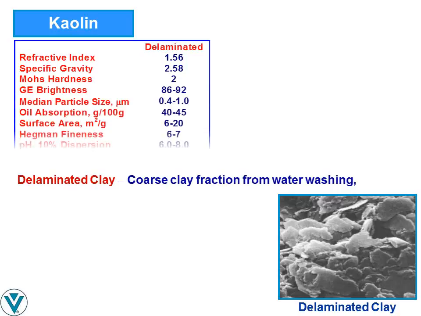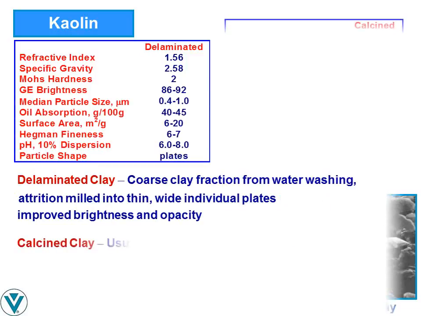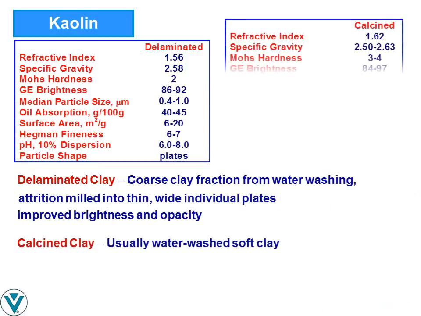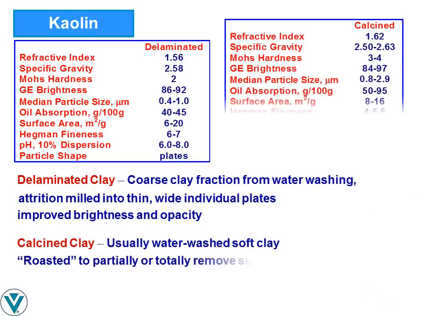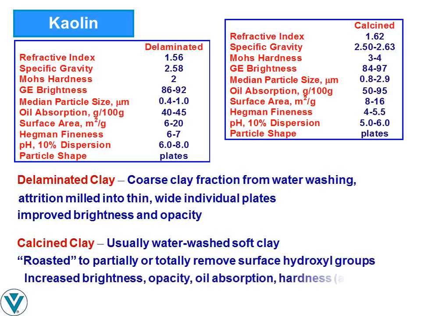This breaks down the kaolin stacks into thin, wide individual plates for improved brightness and opacity. Calcined clay is usually water-washed soft clay that is roasted to either partially or totally remove surface hydroxyl groups. Calcining increases brightness, opacity, oil absorption, and hardness. Kaolin clay is also available in surface-coated grades, as with stearates or silanes.